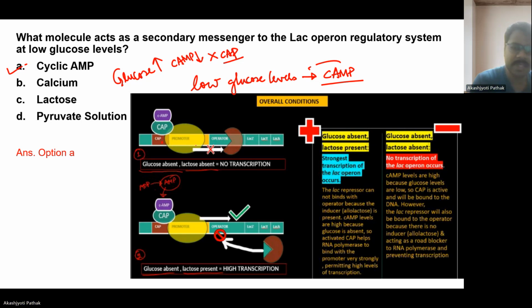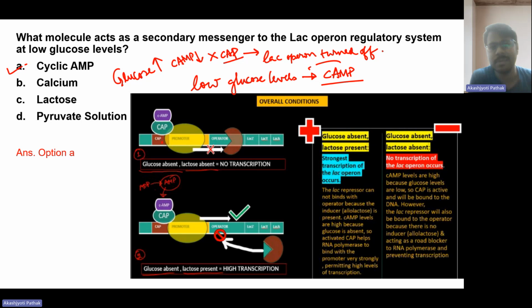As a result, my cyclic AMP levels will be low and my lac operon will remain turned off in the absence of cyclic AMP. While when my glucose levels are low, the cyclic AMP levels will be high. Now this cyclic AMP will bind to the CAP binding site, and it will activate the RNA polymerase, and my lac operon will remain turned on.